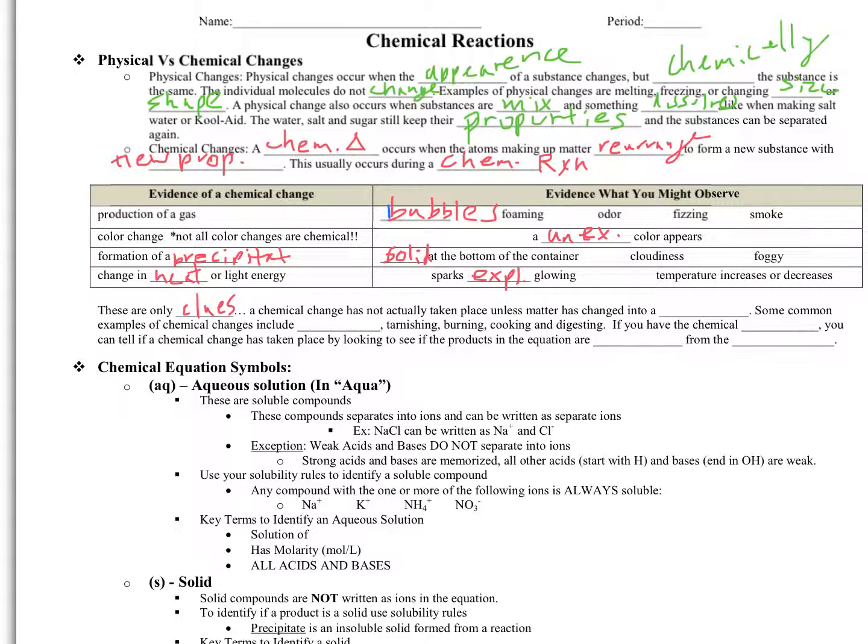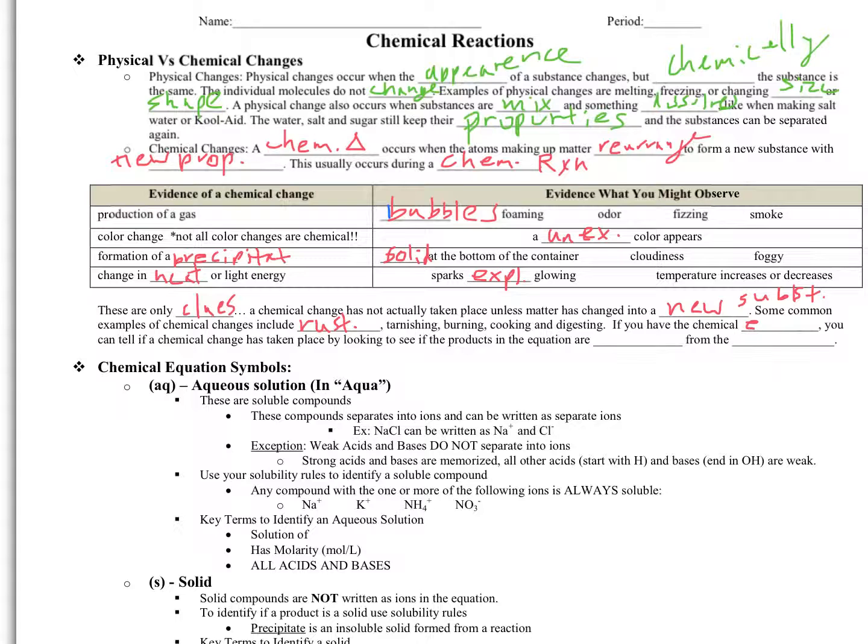A chemical change has not actually taken place unless the matter has changed into a new substance. There are going to be exceptions to all of these. Some common examples of chemical changes include rusting, tarnishing, burning, cooking, and digesting.